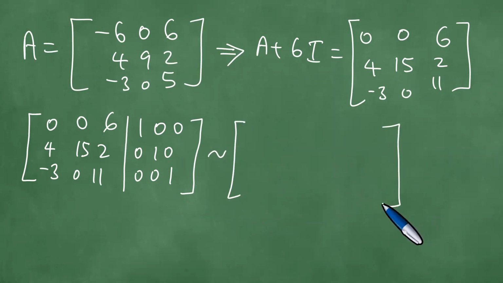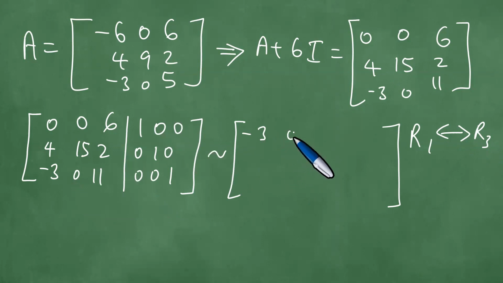So what do we get here? We need a 1 here because we want to get the inverse of this matrix. So we interchange rows 1 and 3, putting row 3 in the first position. So that's 0, 11, 0, 0, 1.